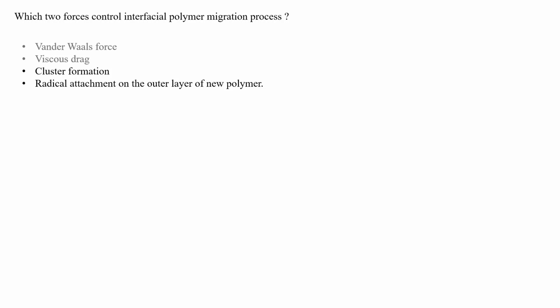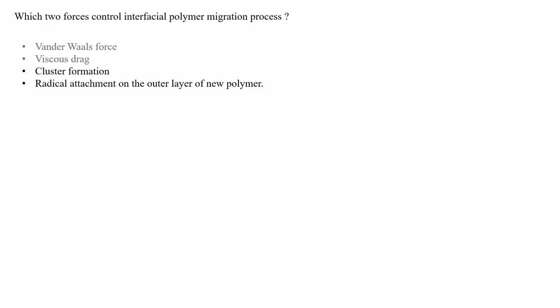In polymer migration, first of all we need to understand how it is happening. The polymer reaction can occur at both regions: in the cluster as well as inside the polymer matrix in the interface region when it is being formed. Polymer matrix in the sense of an emulsion, where you have the dispersed phase and the dispersion medium.